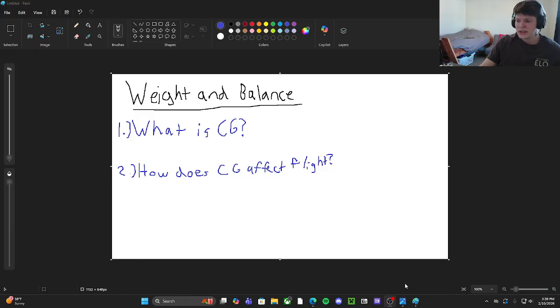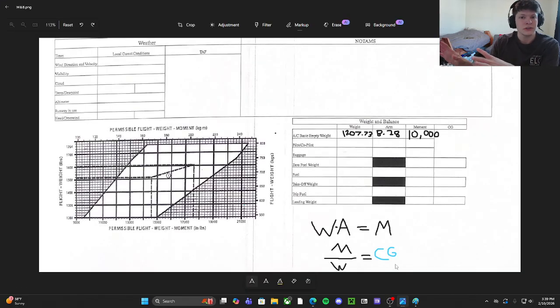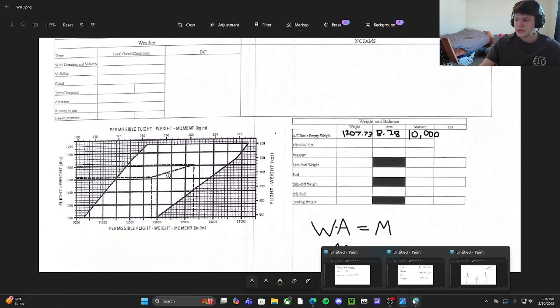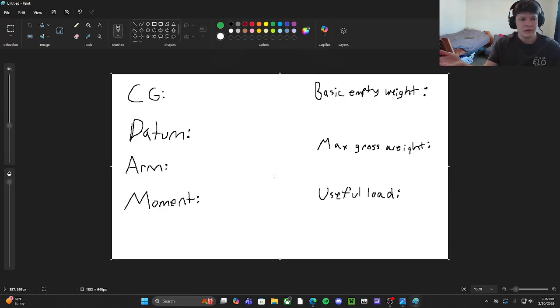We're going to discuss these things, define a good bit of terms, and then we're also going to actually do a paper weight and balance form, go through, talk about that, and then also discuss where we find these figures from, these numbers and everything that we use to calculate this, and make sure that we're all good. So, the first thing that we can do is define some terms.